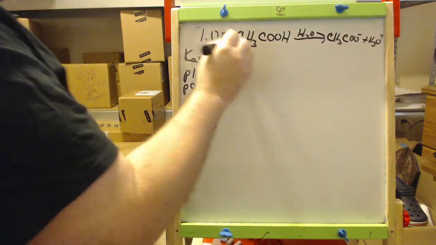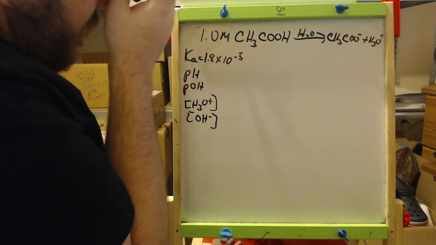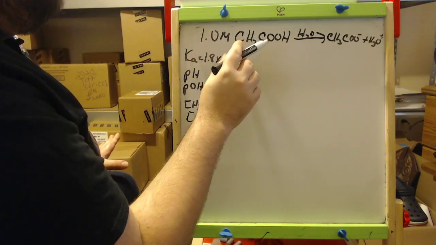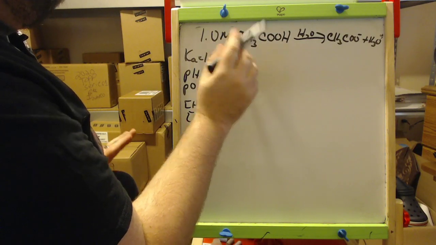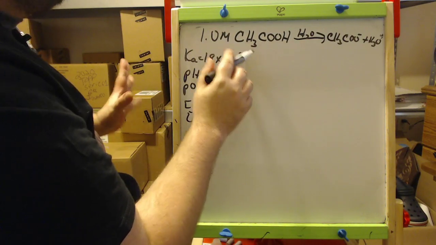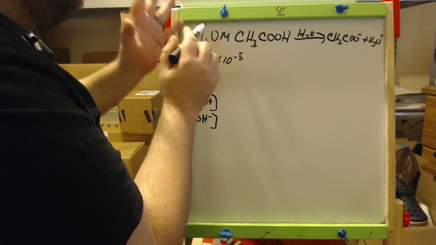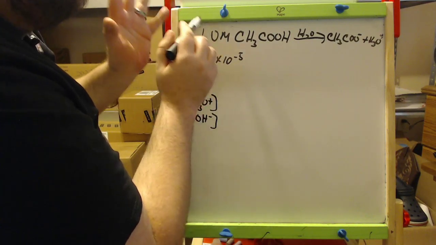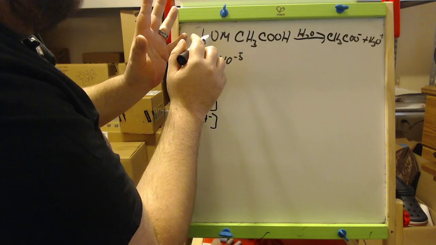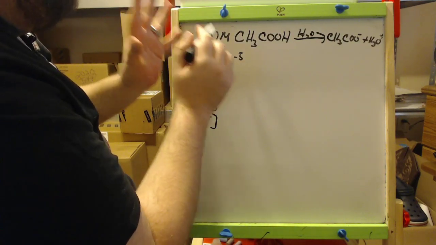So that's the first thing you have to decide. They're giving me a concentration. Is it an acid or a base? Once you decide that, is it strong or is it weak? If it's strong, this is telling me the concentration of hydronium, or at least allowing me to get there. If it's weak, we've got to do an extra step.